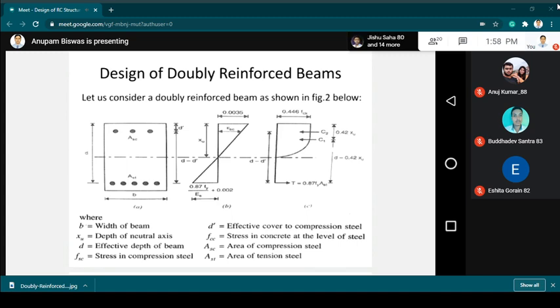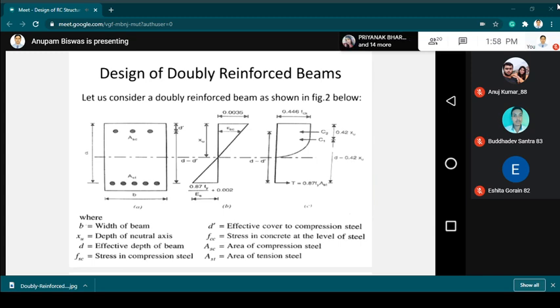That is actually C2 in your stress diagram, as you can see. In the strain diagram, the base of the triangle value is 0.87 fy by Es plus 0.002. We have already discussed this.